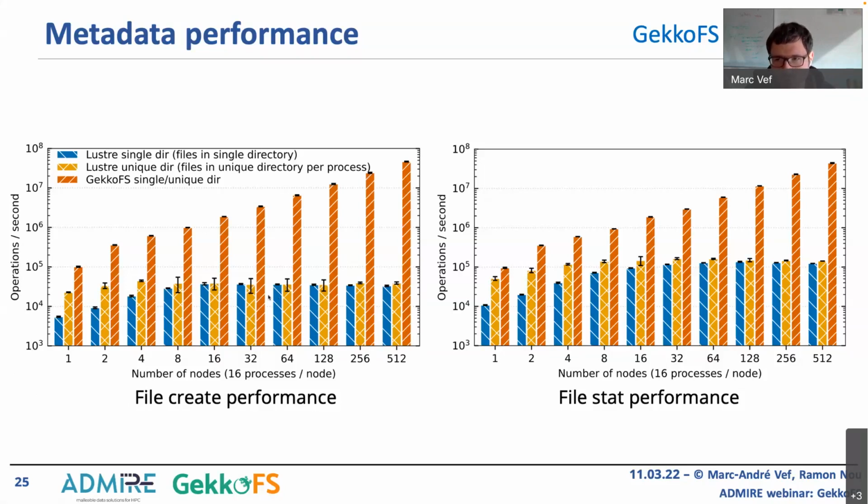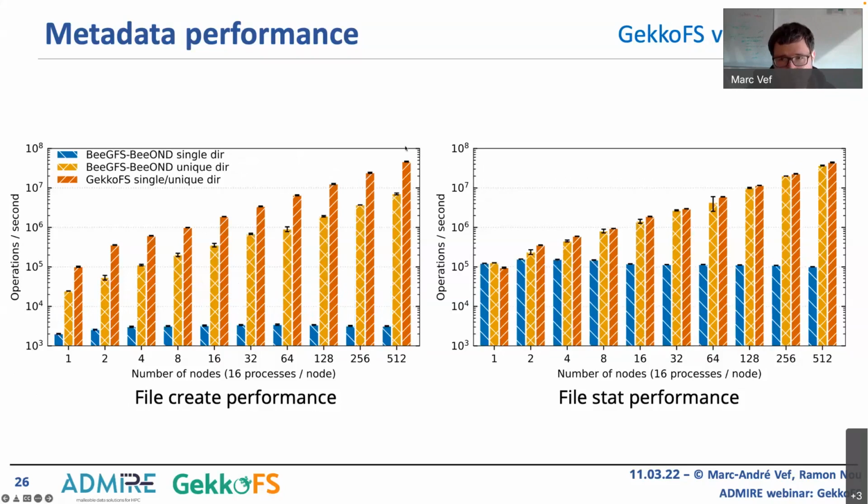So to get a more fair comparison, we have GekkoFS compared with BeeGFS. BeeGFS also has a BeeOND part, and the BeeOND part is basically able to replicate exactly the way that we are doing it. We're starting the same amount of metadata nodes and I/O nodes as we do with GekkoFS on the number of servers, so that we also see linear scaling if you do a directory per process for BeeGFS, which is the yellow one here.